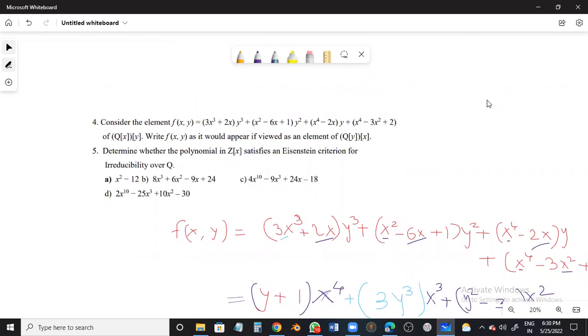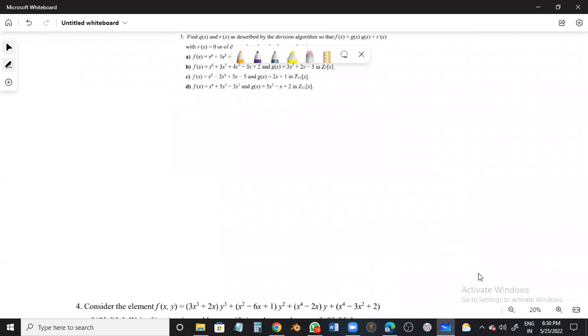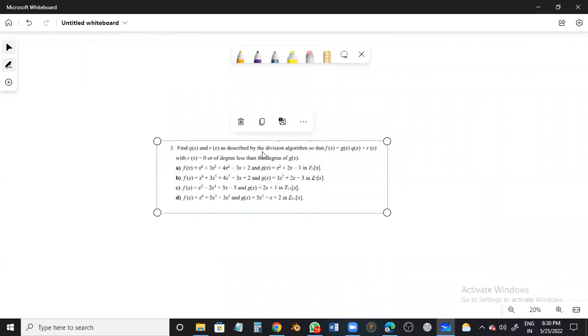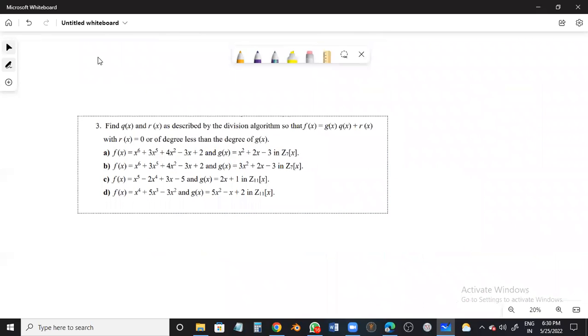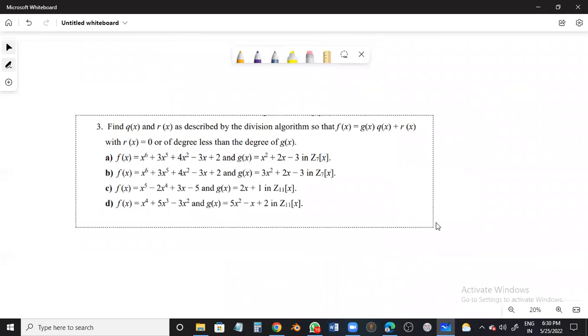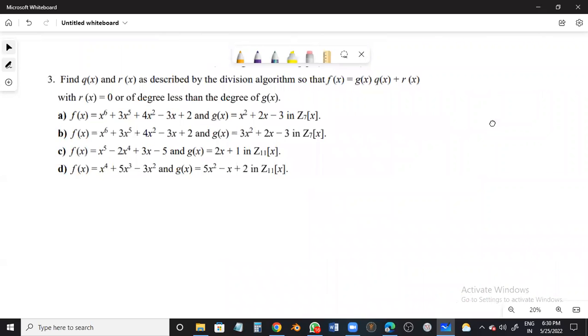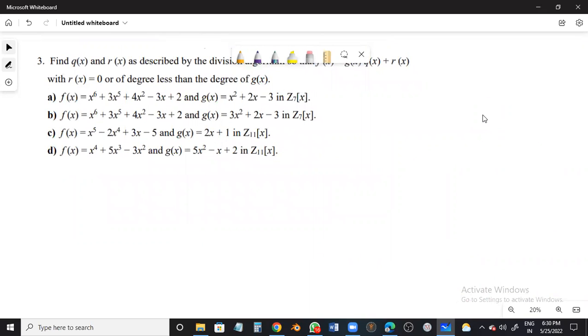Eisenstein criteria, we haven't talked of yet. So let us go back over here. And here it says apply division algorithm. What do you mean by application of division algorithm? Division algorithm: we divide the dividend by the divisor, we get some quotient and some remainder.